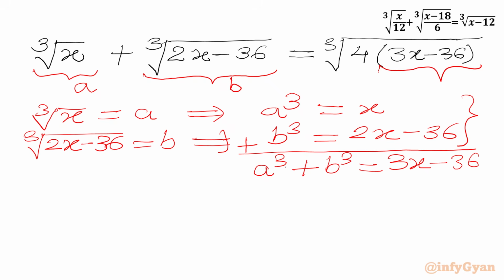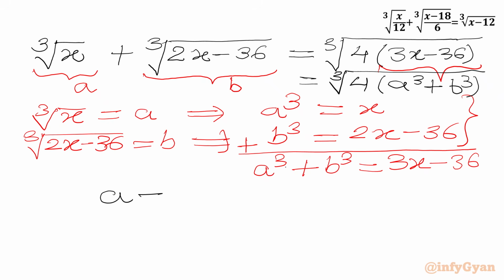So in RHS we can write cube root of 4 times, and this is a cube plus b cube. So we have the equation a plus b equal to cube root of 4 times, in bracket, a cube plus b cube.